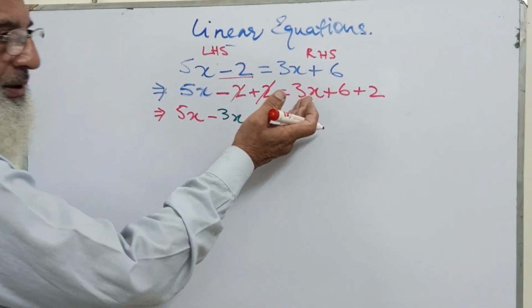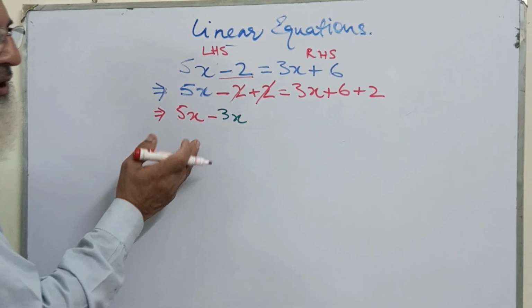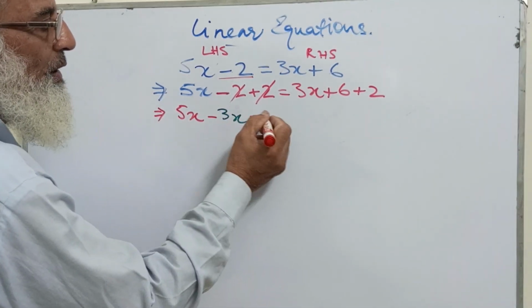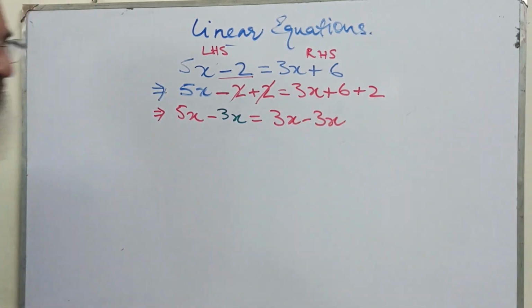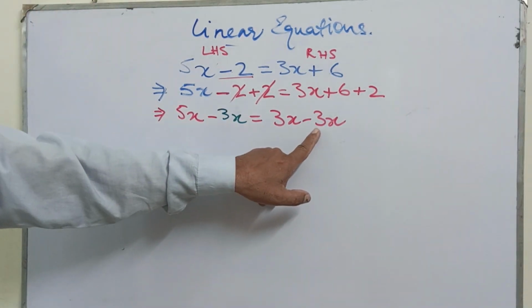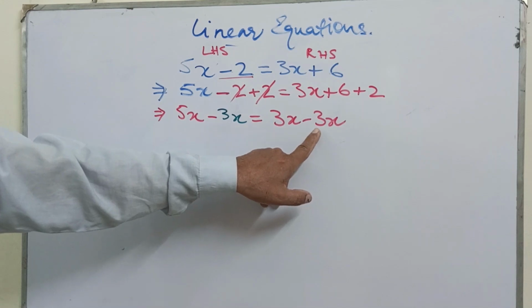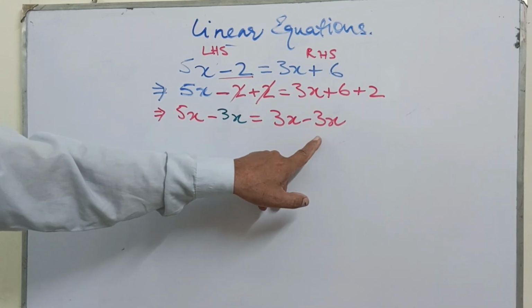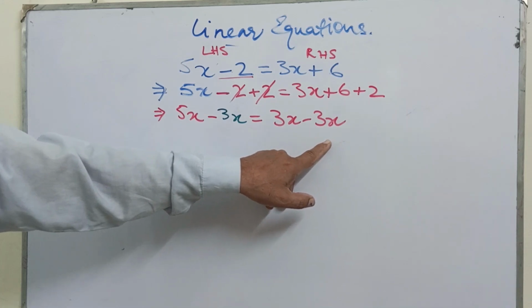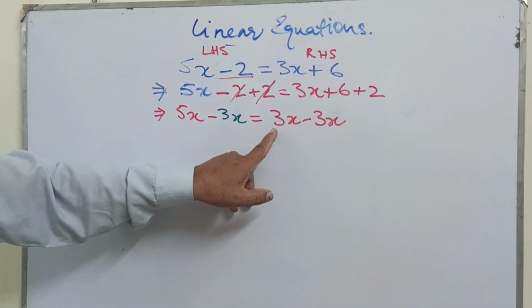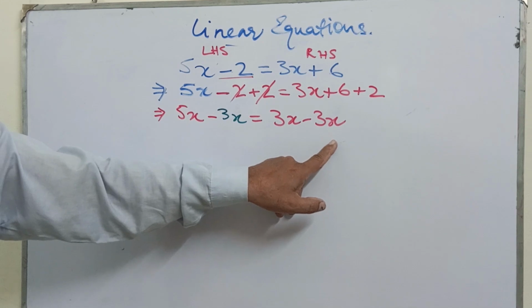I have brought this 3x from here to here. We proceed in the same manner: I have subtracted the same amount, same quantity, same variable, same coefficient, to make it 0 over here.